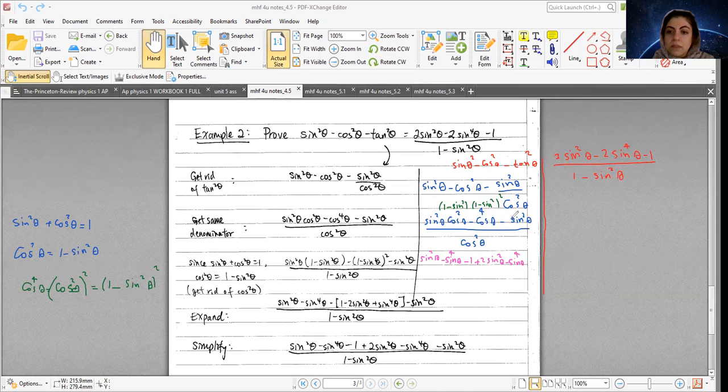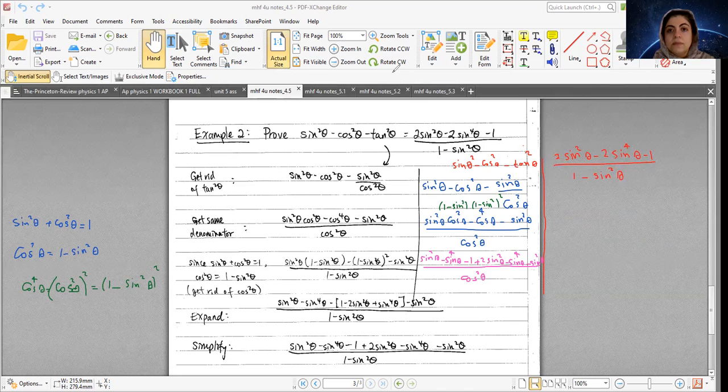And the last term here is negative sine power 2 theta. I put it very small, sorry, I didn't have a space. And the denominator is cosine power 2.